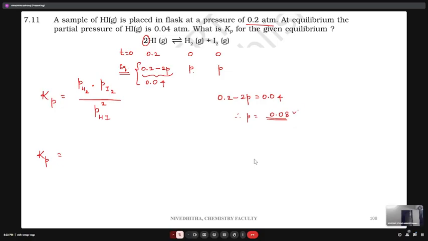So from the small p, we can find the value of equilibrium constant in terms of partial pressure. 0.16, ma'am. Kana, can you please do it again? It is not 0.16.